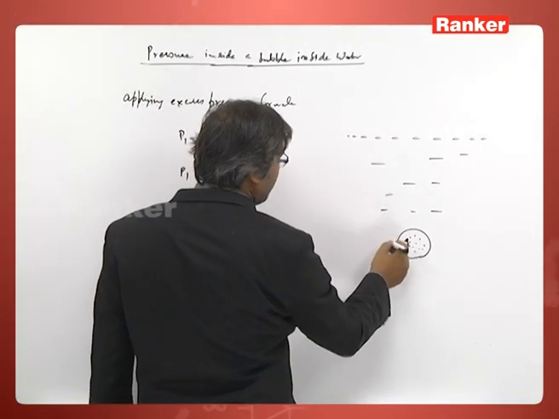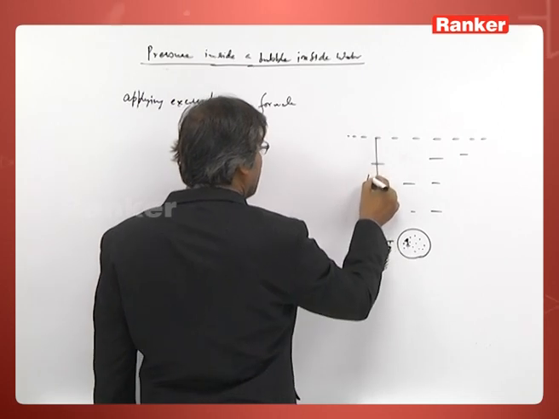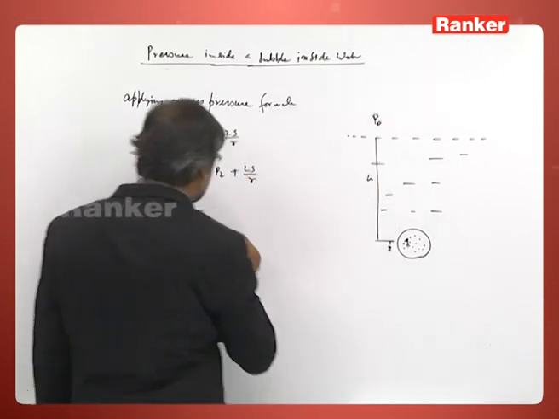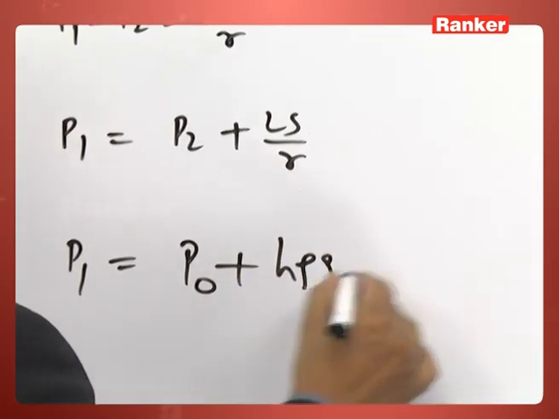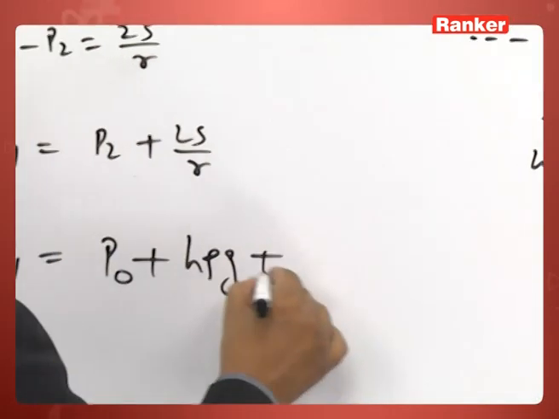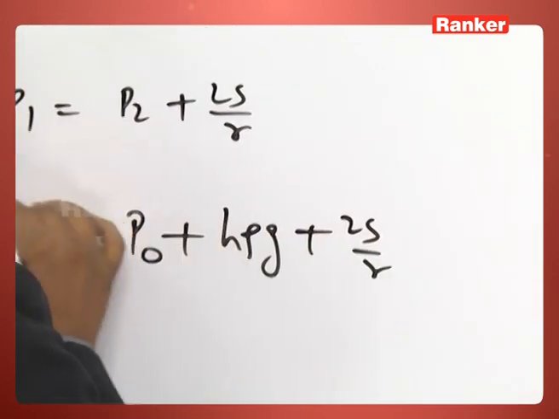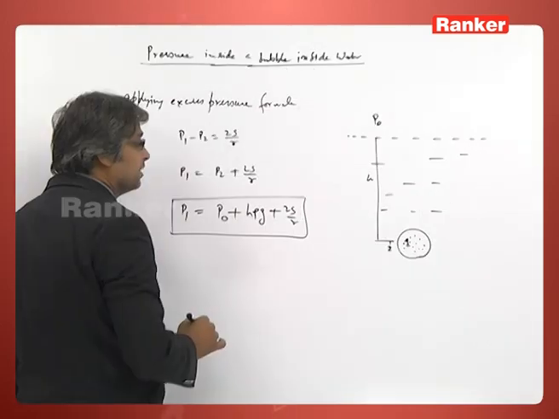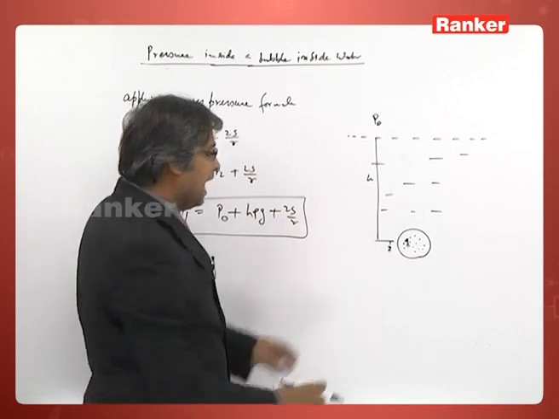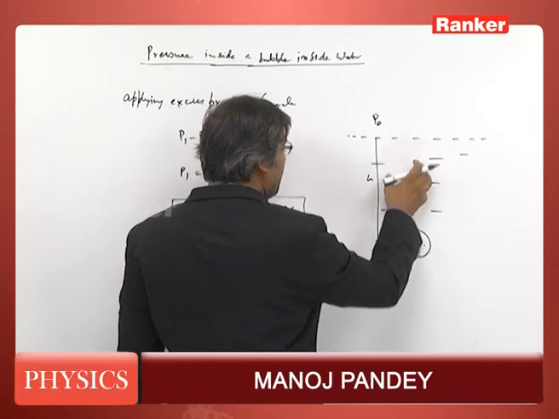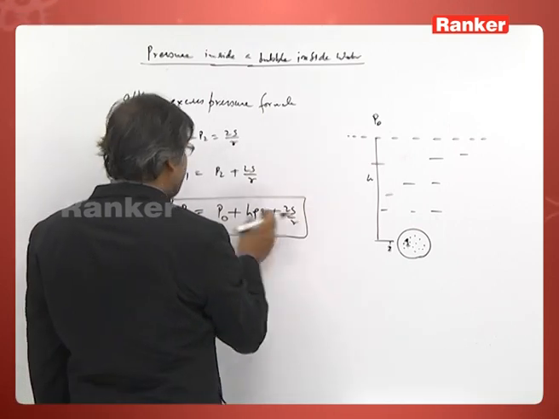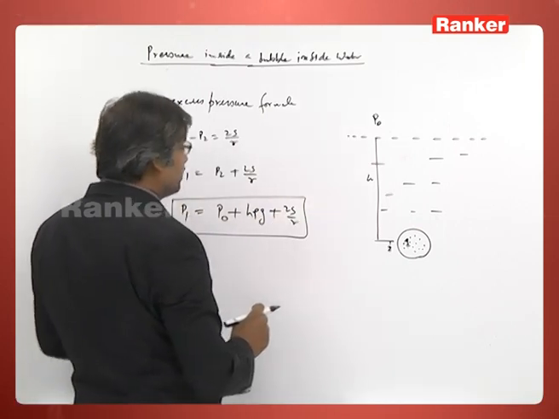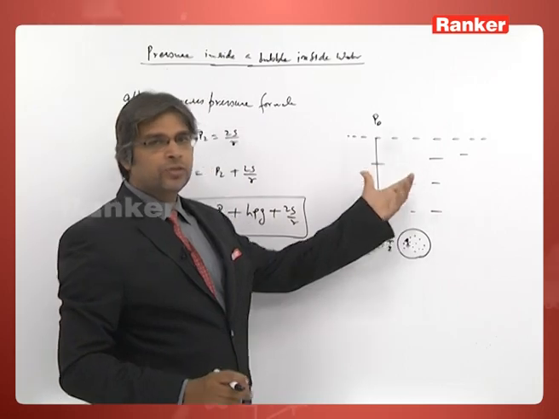There is only one surface, and you see if it is at a height H and here it is P naught as atmospheric, P2 is P naught plus the hydrostatic pressure H rho g, plus 2S by r. This is the pressure inside this liquid. As it goes above, you see H decreases and the pressure also decreases.